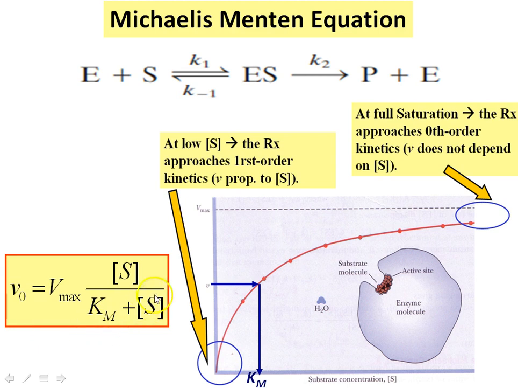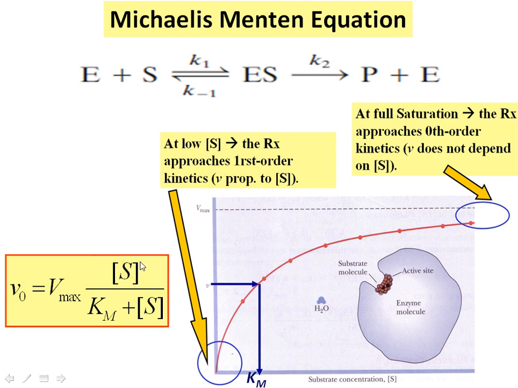Now, this equation completely describes the full shape of this curve. For example, at the low concentration end, you can ignore S in the denominator, and therefore V0 is equal to Vmax over Km times S, and these two are constant. So the velocity of the reaction is equal to a constant multiplied by the substrate concentration to the power 1.